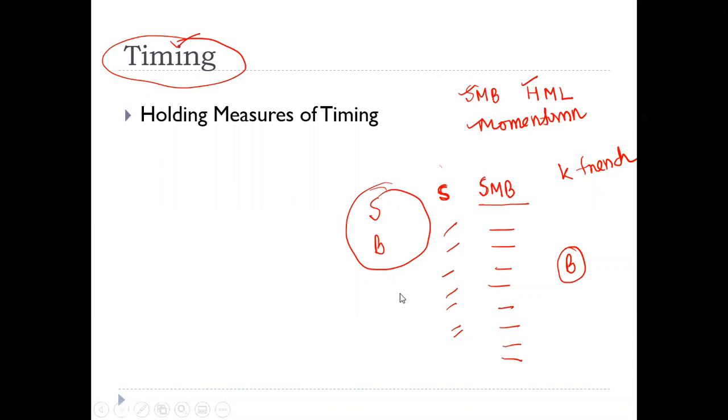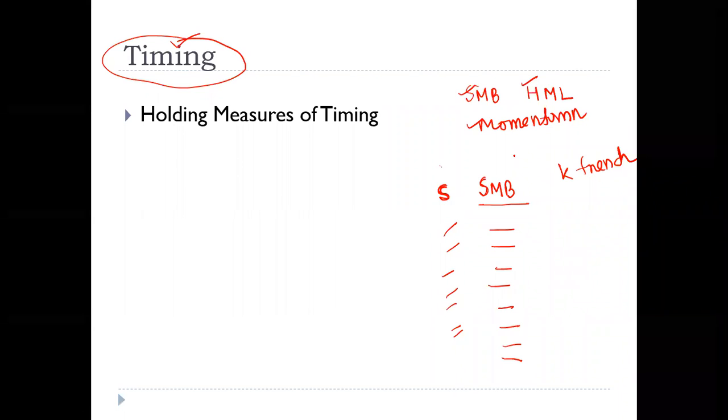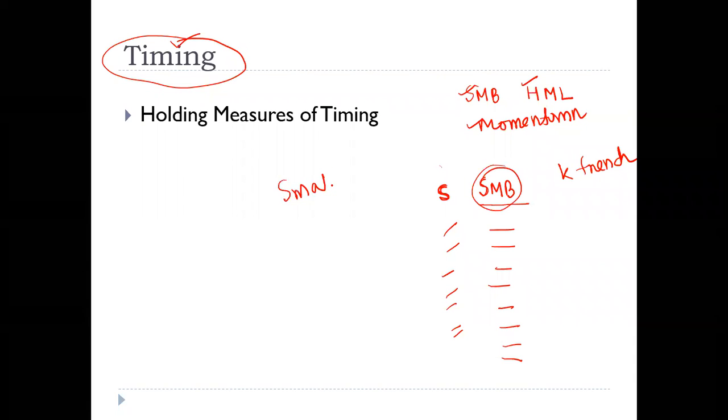Okay. So in that case, what you have anticipated is that the SMB factor will outperform. In that case, you will include which stocks in your portfolio? More small stocks, or more big stocks? More small stocks. Okay. And you tend to include those stocks of which the SMB beta is higher.